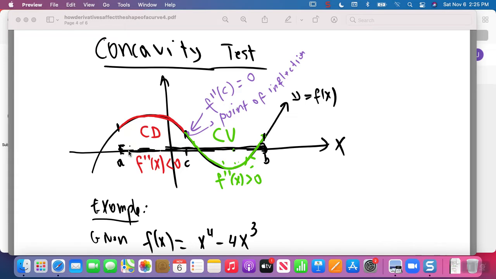So since the second derivative is negative on this interval, what can we say about the graph of this function? The graph of the function is concave downward on A, comma C.